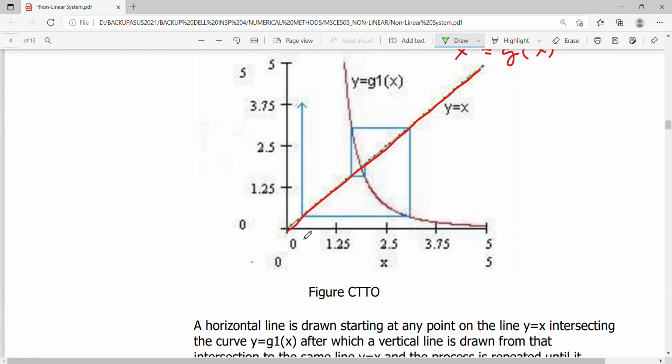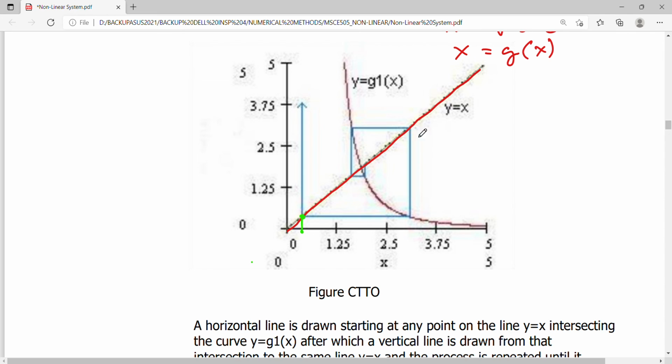Start with, let's say, this point. So I go up, I reach this intersection on the line. Then I make a horizontal, I take the intersection on the curve. Then I go up, tingnan nyo ha: vertical, line, horizontal, curve. Repeating this, kinapture ko ito yung root mo.